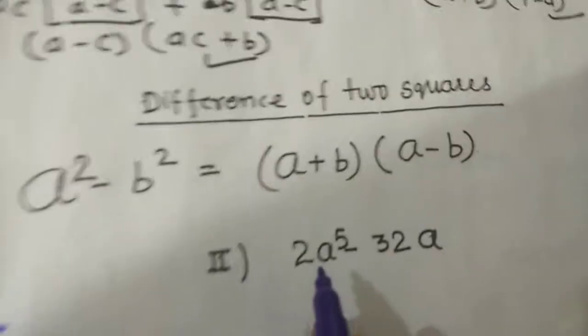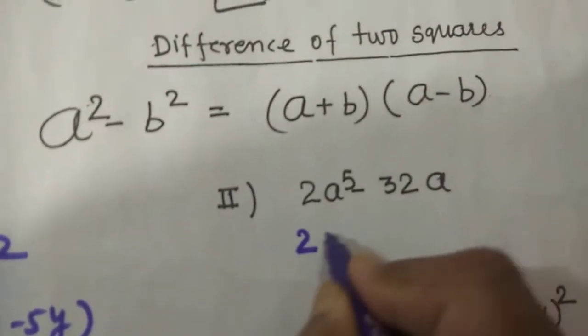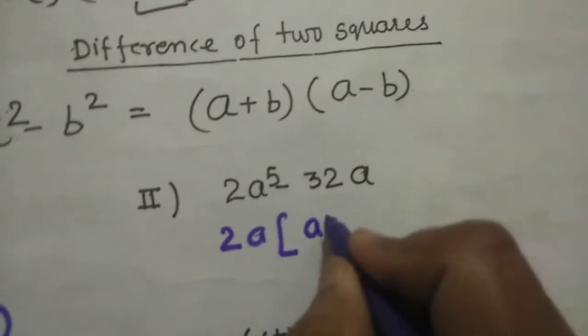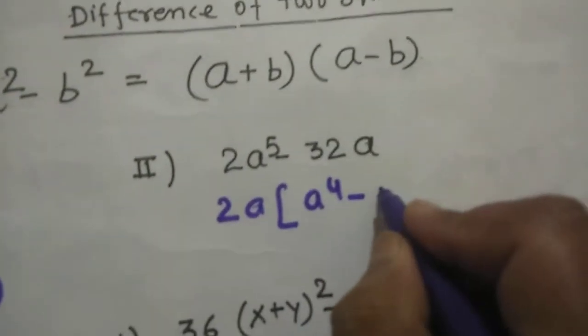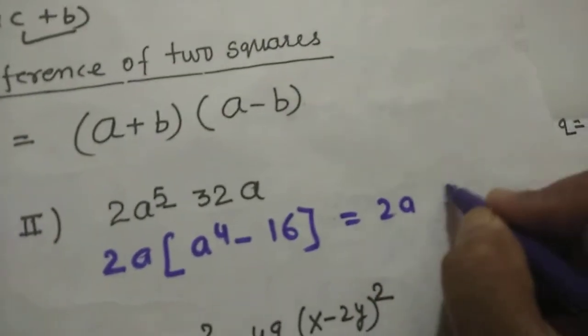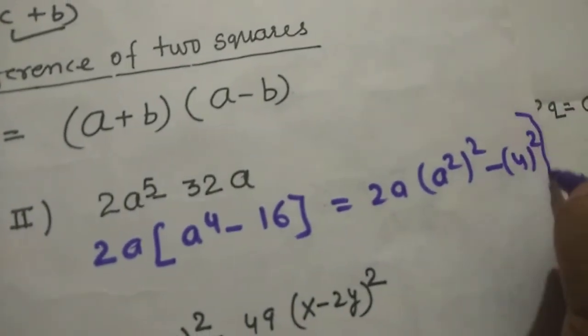Check the second one. Now this is not given in a square minus b square form, but if you take 2 common and a common, it will be a to the fourth minus 16. This is equal to 2a, whole square minus 4 whole square in brackets.